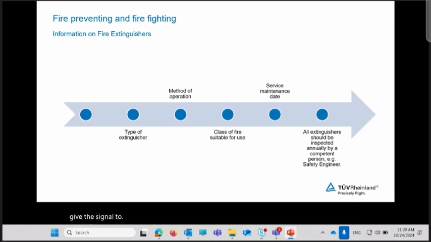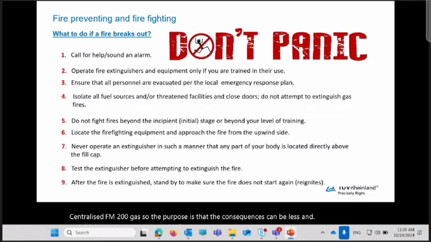The purpose is that the consequences can be less, and at the initial stage it can overcome the fire. So we have different situations, and you as a firefighter must select the right fire extinguisher to extinguish the fire.